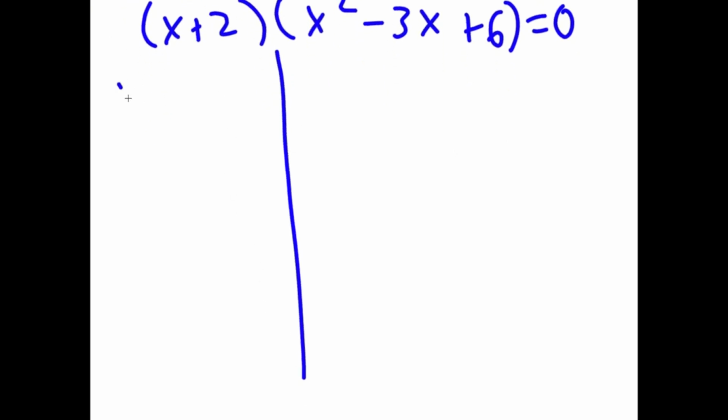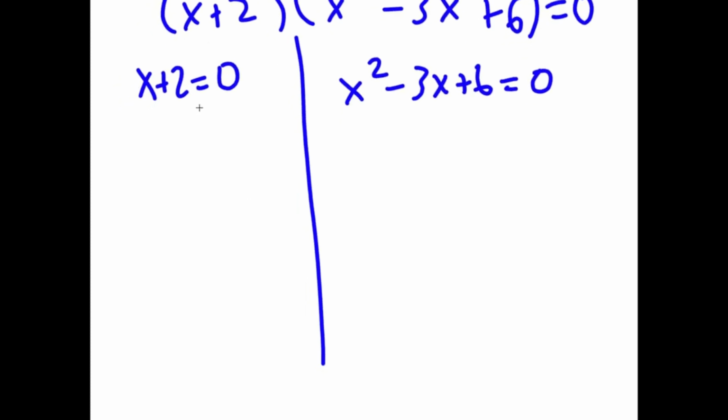Now, I get two equations from this. I get x plus 2 is equal to 0, and I get x squared minus 3x plus 6 is equal to 0. So for x plus 2 equals 0, x is obviously equal to negative 2.